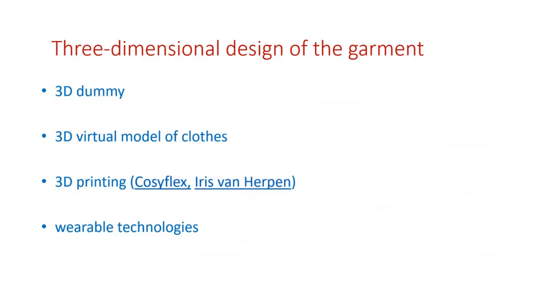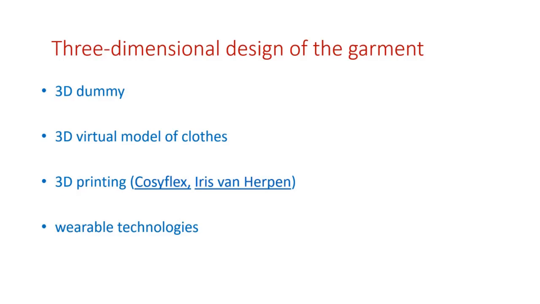And in the area of three-dimensional design of garments, we have, again, several ways of improvement. The first one is 3D dummy or 3D mannequin, which we discussed in the last lecture.